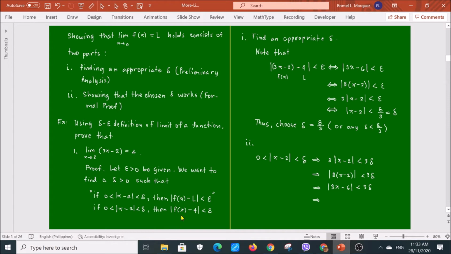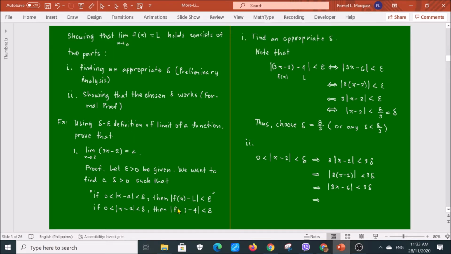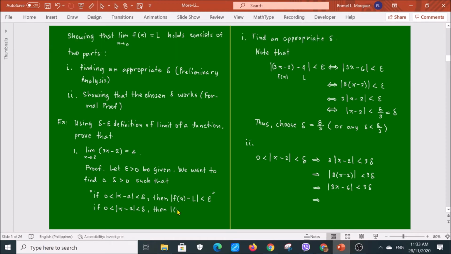But what is our f of x, guys? So let me write it here. Our f of x is 3x minus 2. So meaning, this is 3x minus 2 minus L. But what is our L? That is 4. This is what I want to show. I want to come up with this conclusion, or a consequent, no? Hypothesis, conclusion.